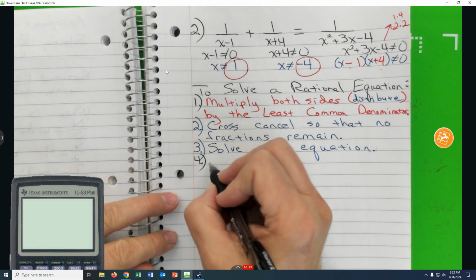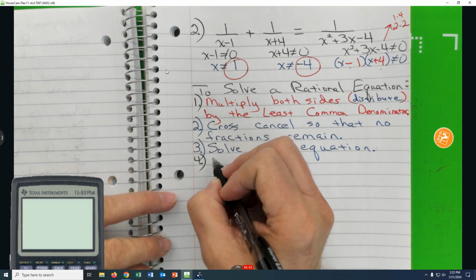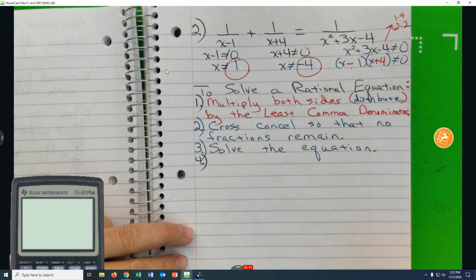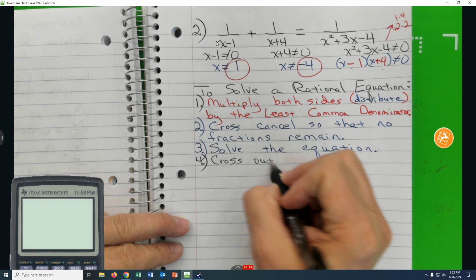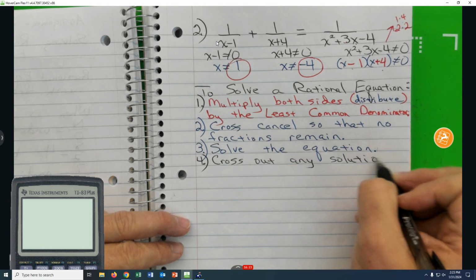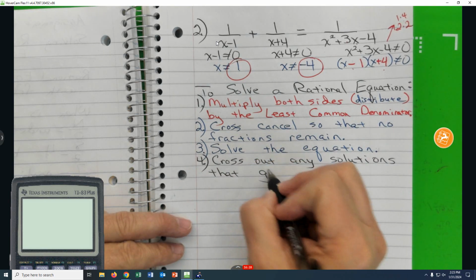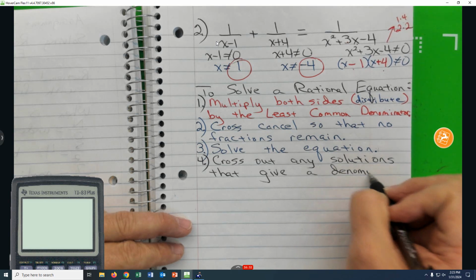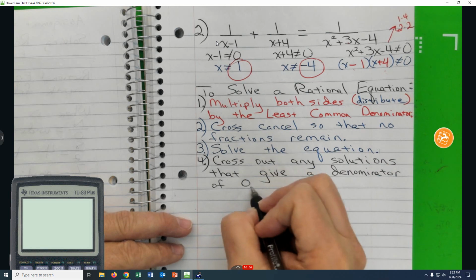So I want to say, verify that your solutions do not give you a denominator of 0. How about this? I'll say cross out any solutions that give a denominator of 0.